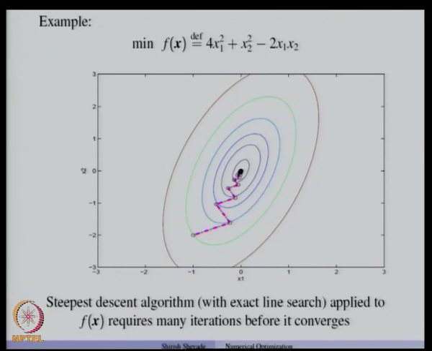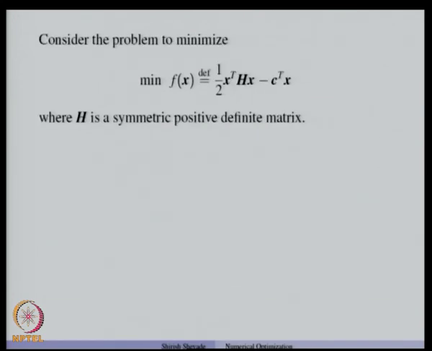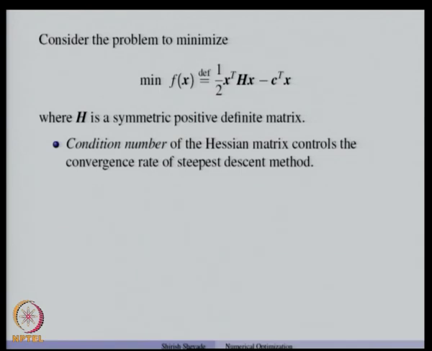So, let us try to analyze that. Let us consider the problem to minimize f of x equal to half x transpose H x minus c transpose x, where H is a symmetric positive definite matrix, and we saw that the condition number of the Hessian matrix H, which is a positive definite matrix in this case, controls the convergence rate of the steepest descent method.